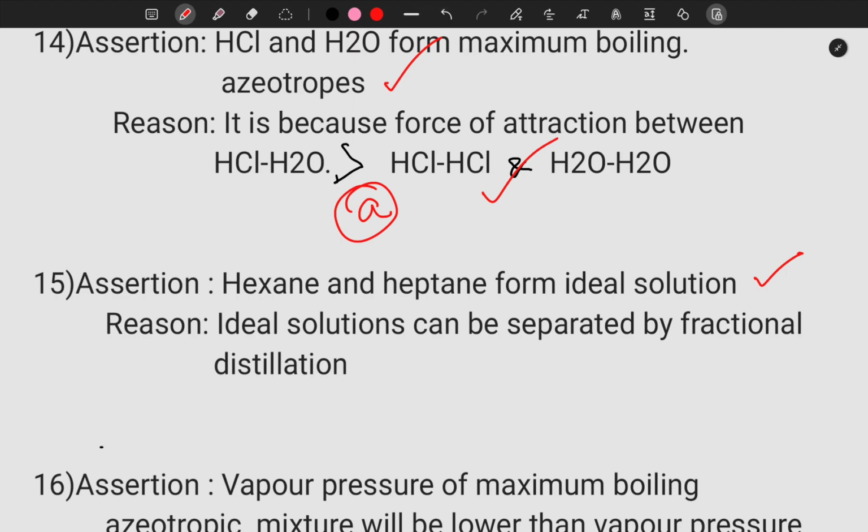Hexane and heptane form an ideal solution because it will obey Raoult's law for the entire range of concentration. But here it's written that ideal solutions can be separated by fractional distillation. That statement is correct, but reason is not the correct explanation of assertion. So our option is option B.